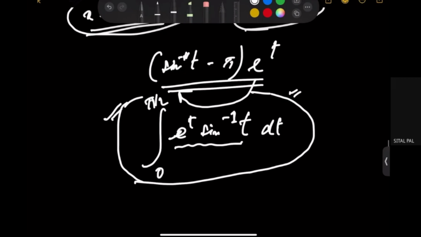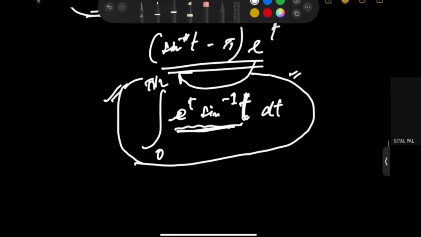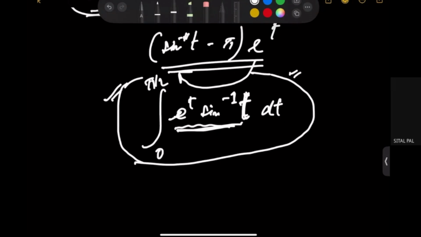E to the power t into sine inverse x. So sine inverse x has a Taylor expansion, and it will get bigger. Is it integrable? The thing is, this is a product of two functions, right? E power t is a smooth function, and its derivatives never vanish.